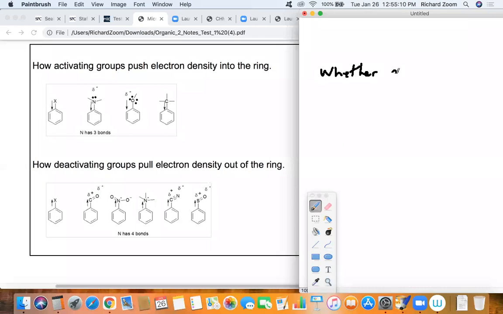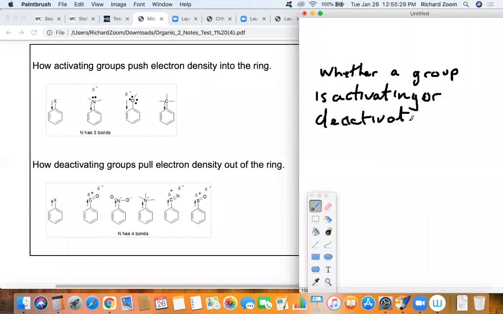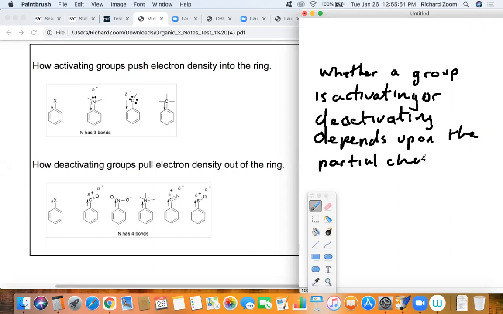Whether a group is activating or deactivating depends upon the partial charge of the atom directly attached to the aromatic ring.